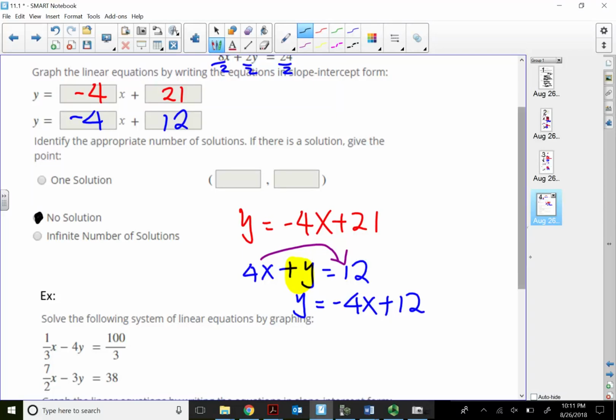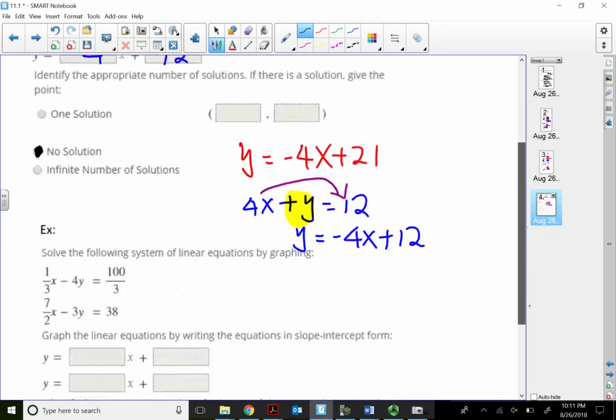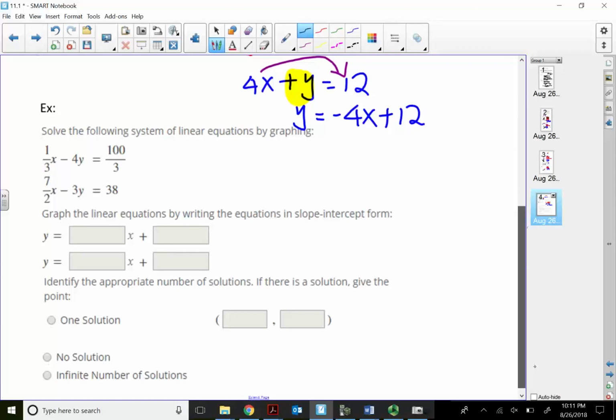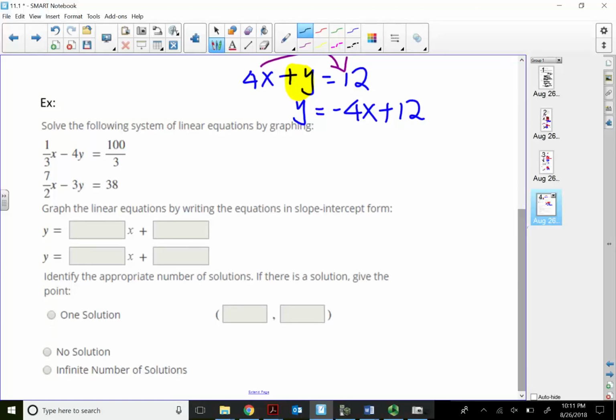All right, I want to take a moment here to show you how to deal with a fraction. In module 9, we talked about clearing the fraction by multiplying every term by the least common denominator.